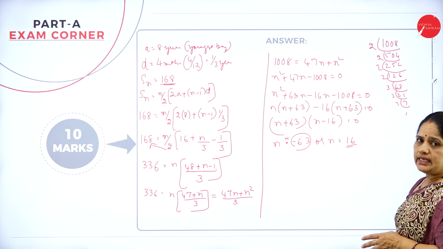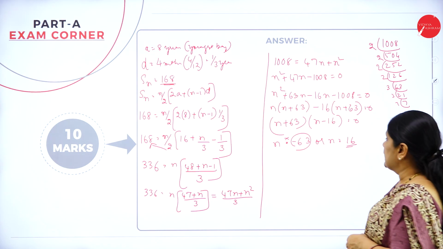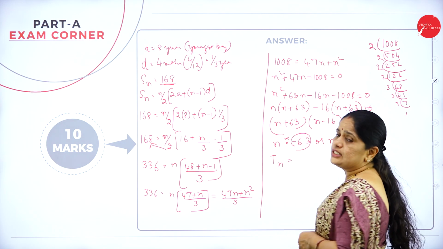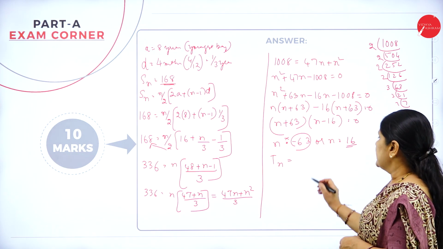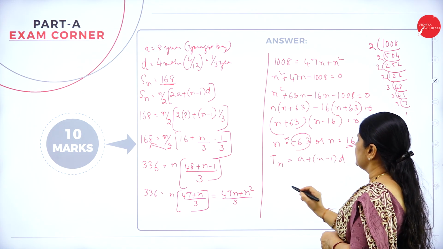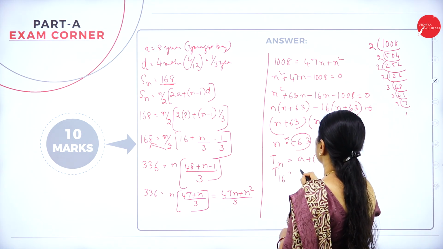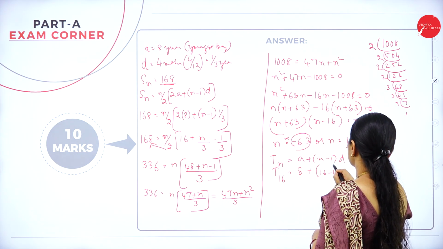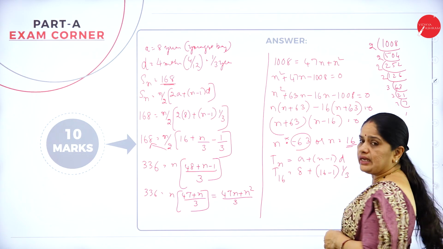So there are totally 16 boys in the class, and we have to find the age of the 16th boy. So Tn equals a plus n minus 1 into d. So T16 will be equal to 8 plus 16 minus 1 into 1 by 3.